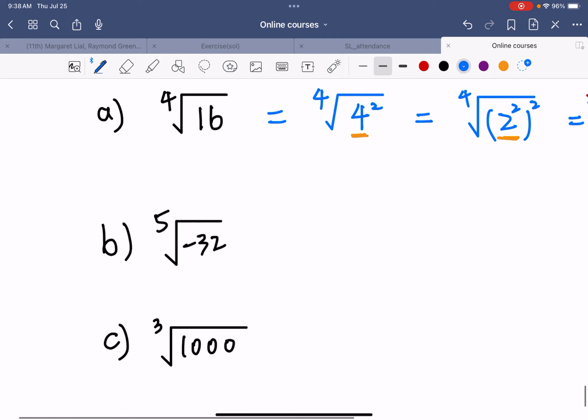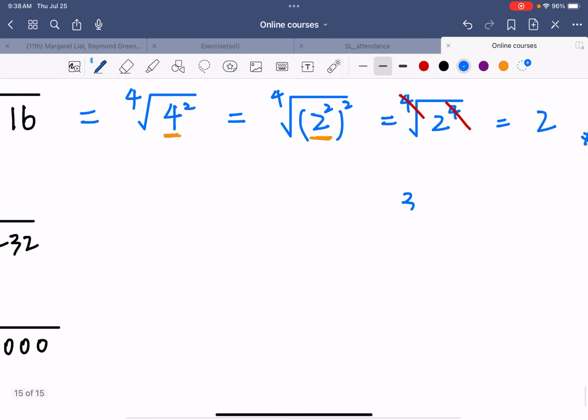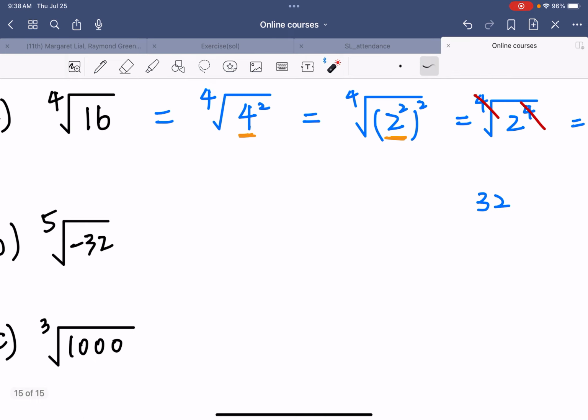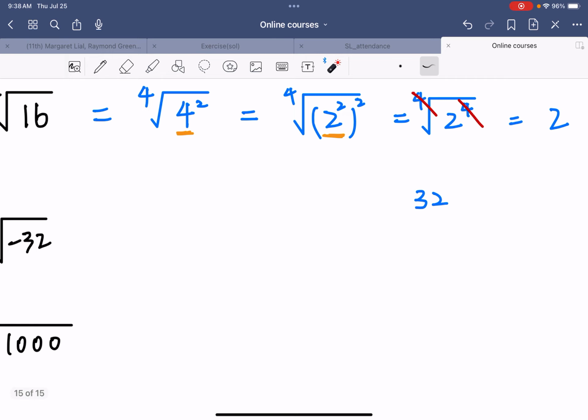Next, let's move on. For this one, we're going to get 32. So we can do the short division on 32. We leave the negative sign alone. Because 32 ends with 2, an even number, we can write 2 here, and then we get 16, because 32 divided by 2 is 16.